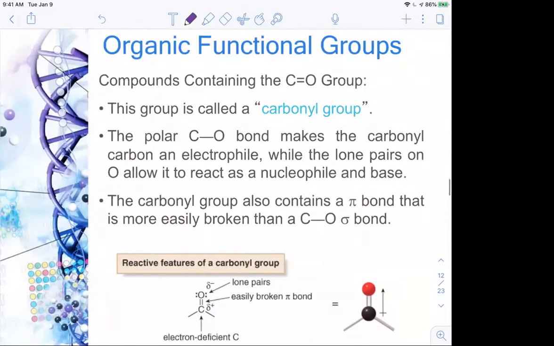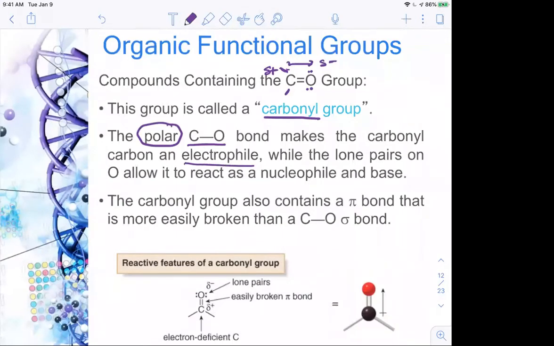When I look at carbons that contain the C double bond O group, this is called a carbonyl group. That polar carbon-oxygen bond is also pulling electron density towards the oxygen, which makes that partial negative and this part partial positive.